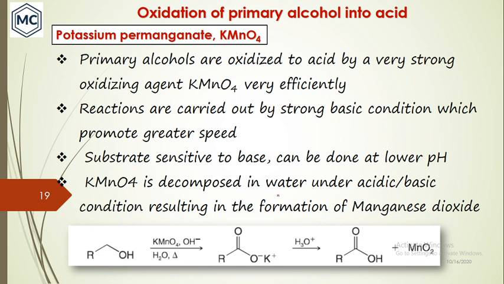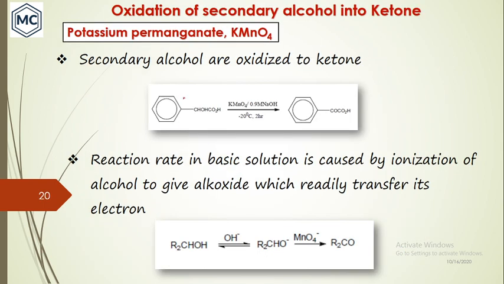Usually KMnO4 is decomposed in water under acidic or basic condition, which results in formation of MnO2. So primary alcohol is converted into the corresponding carboxylate salt with KMnO4, and finally it is hydrolyzed to the corresponding acid. Okay, and with potassium permanganate, secondary alcohols are oxidized to ketone, that you can see here.